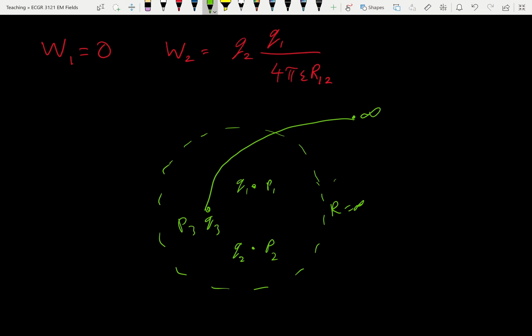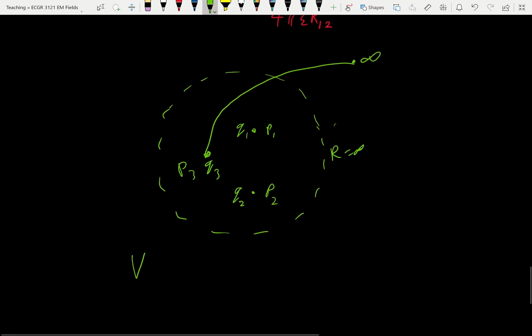Here I don't have to redo the voltage. I know what the voltage is at point 3. VP3, I can use superposition. I can calculate the voltage due to P1 and then the voltage due to P2, using those 2 distances, and apply superposition.